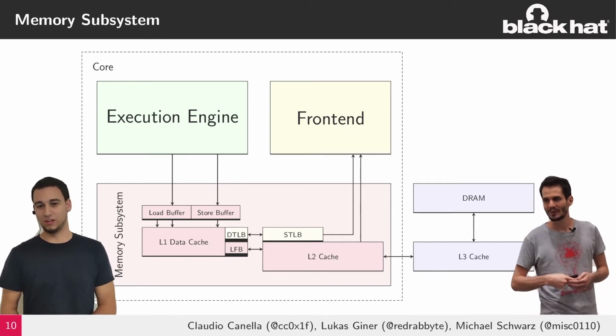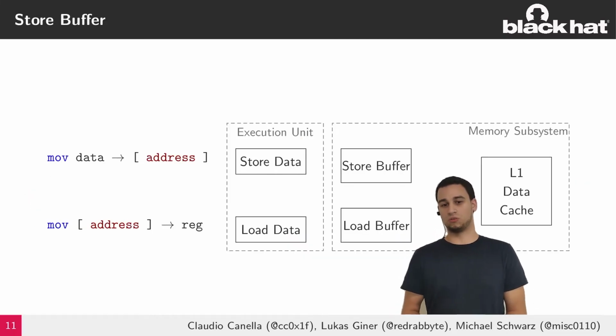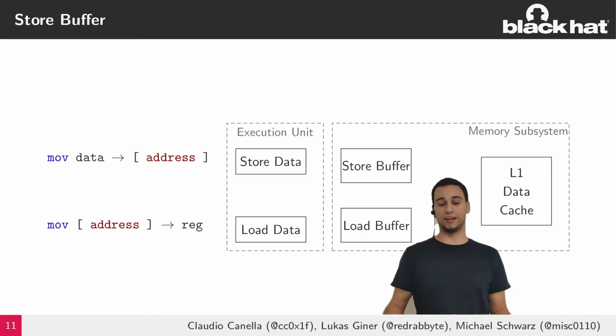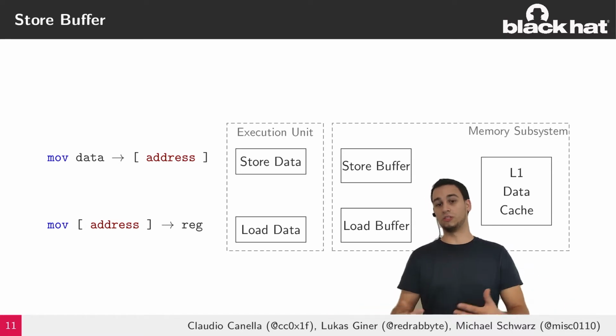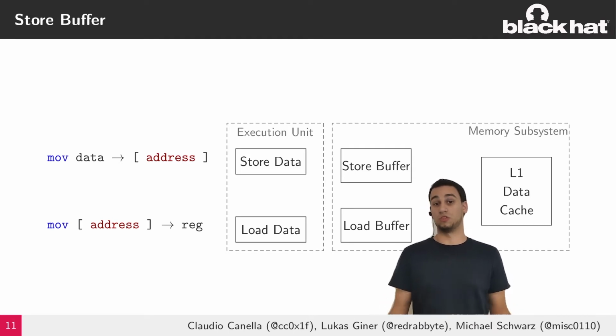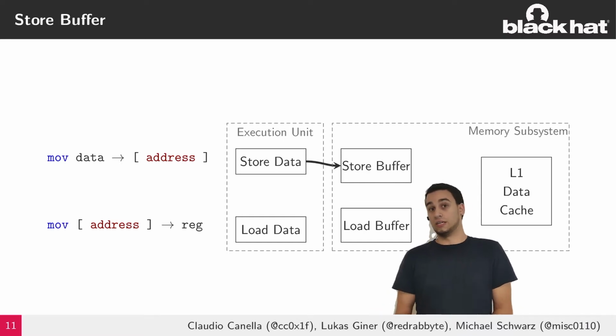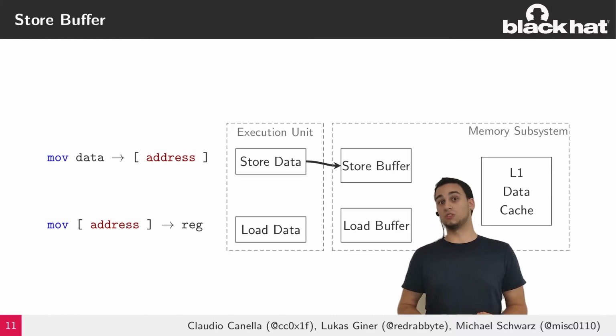Okay, so let's see what actually happens if we have some data stores and data loads that we are executing that has to go through all this machinery you just explained before. So if we move some data to the memory, so if we store some data, then what happens is that in the execution unit, we have the store operation. It has to store some data, and for that, it uses the store buffer.